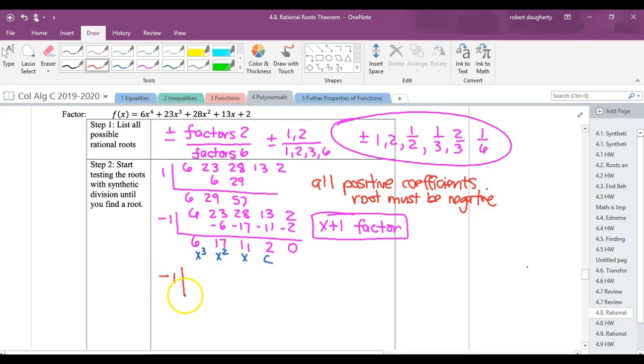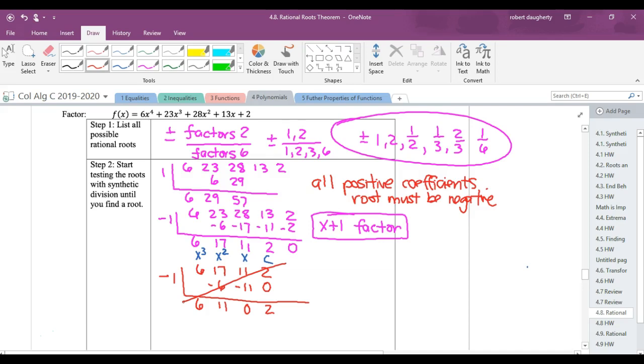So -1, but what is my starting point here? What numbers? Yes, 6, 17, 11, and 2. So bring this down. You get -6, that's 11. Multiply here, you get -11, 0. Multiply this, you get 0 and 2. So what did that really tell me? It does not work. Okay, so it does not work when I tried it the second time.